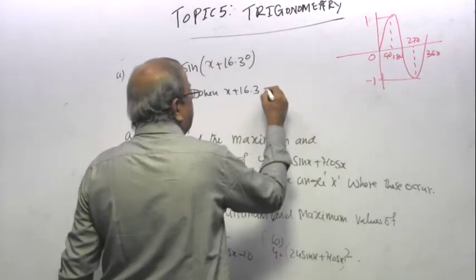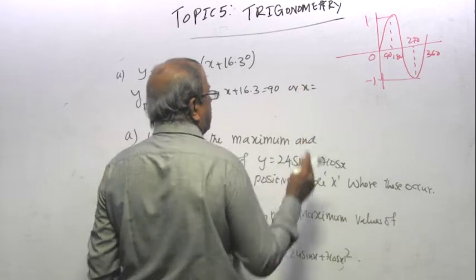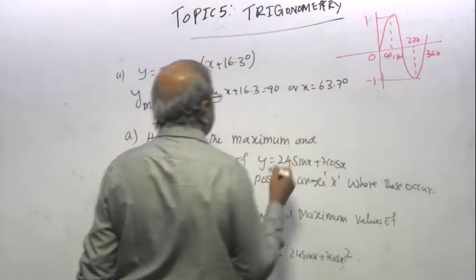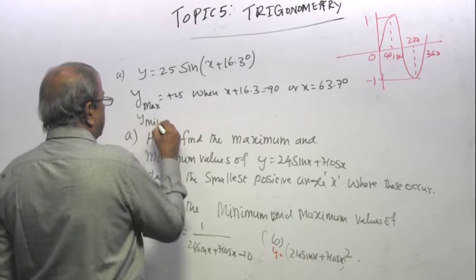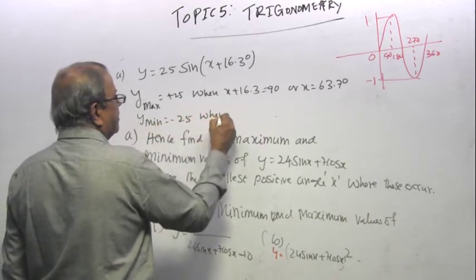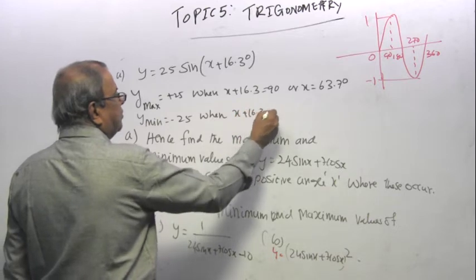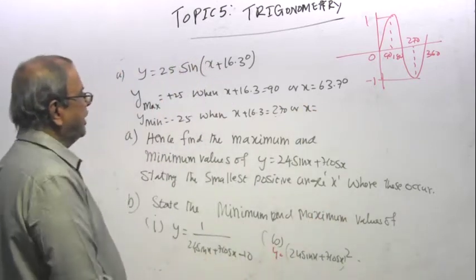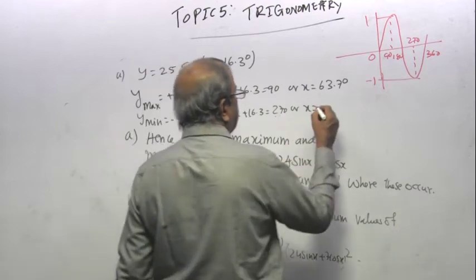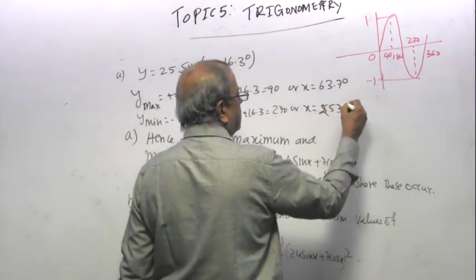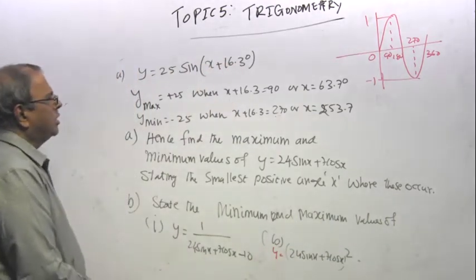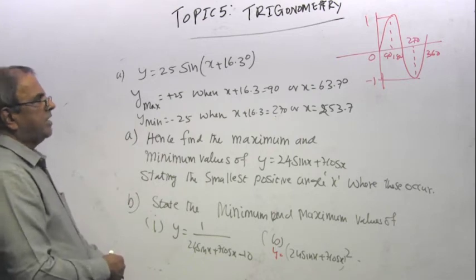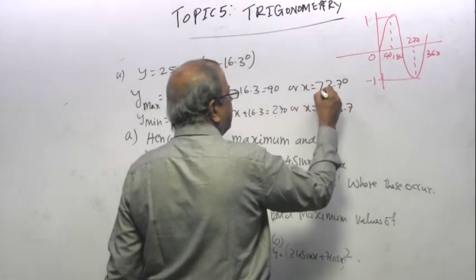Sine is maximum at 90, or x equals 90 minus 16.3, which is 73.7. And y minimum is minus 25 when the angle is 270, or x equals 270 minus 16.3, which is 253.7.